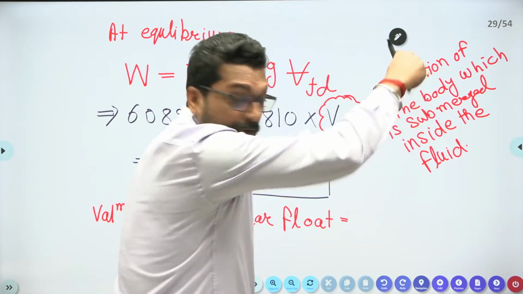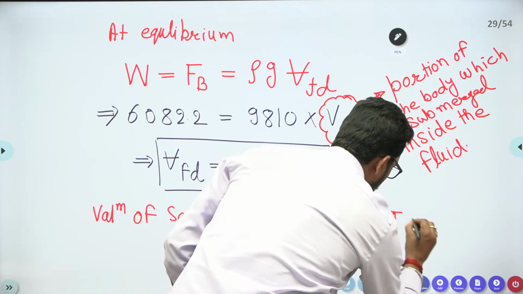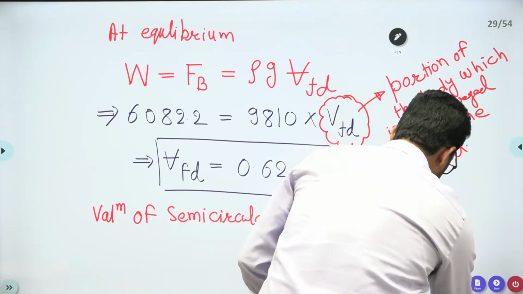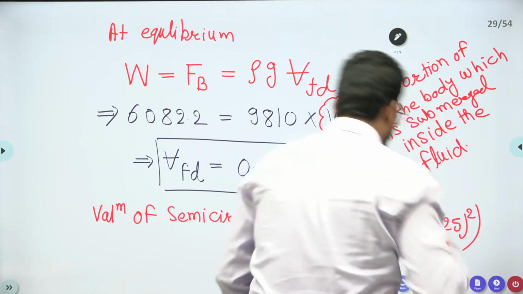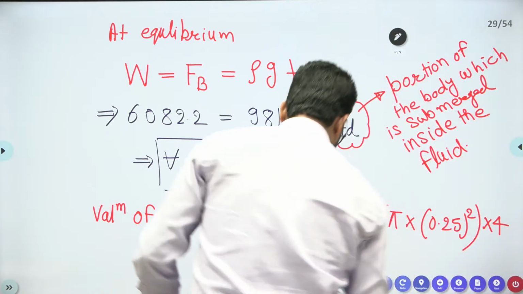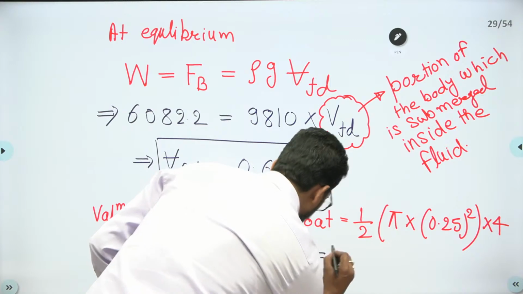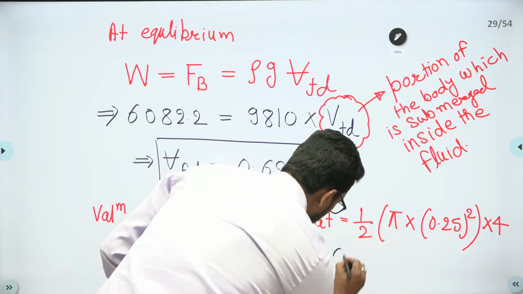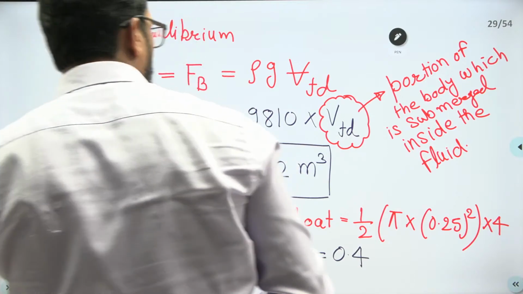It is a semicircular. So half pi R squared, where R is 0.25, into width. Width is 4. If you calculate, this is approximately 0.4.